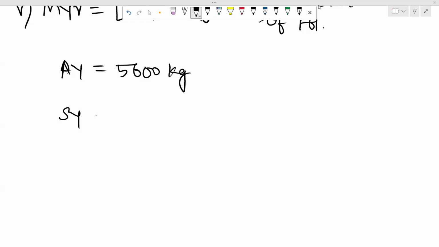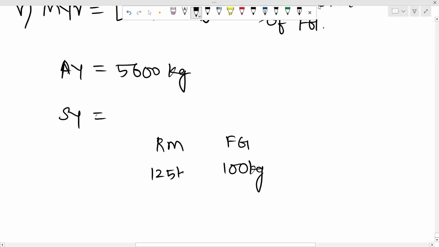For calculating the standard yield, let's take the input-output ratio, raw material and finished goods. So in order to produce 100 kg of finished goods, we are expecting to use 125 kg of raw material. Then by making use of 7,500 kg of raw material, how many kg of finished goods could you have actually produced?